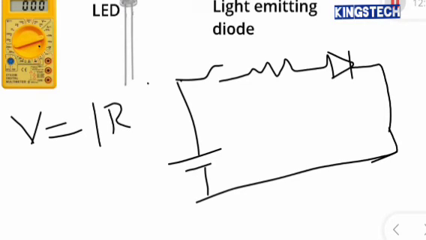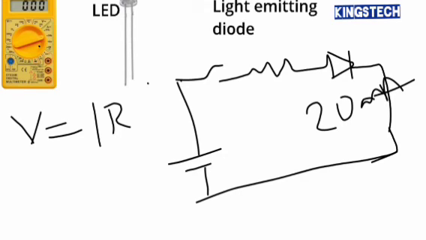And in this case, light emitting diodes, most of them are rated 20 milliamps. It's between 20 to 30 milliamps. So since most of them are rated between 20 to 30, we are going to use 25 as the average amperage of the diode here.